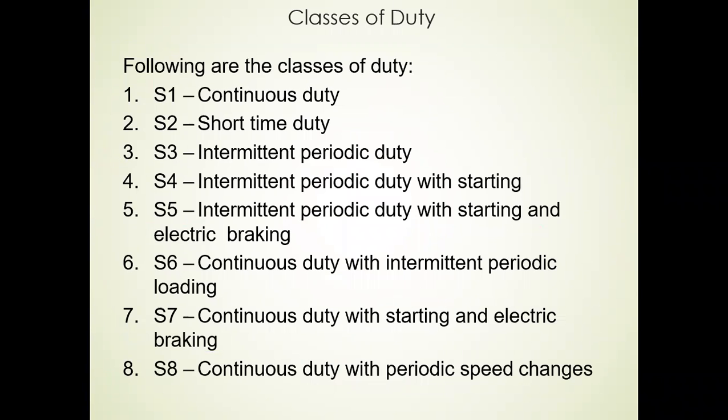The limits of temperature rise have reference to the standard duty specified for the machine. That is, thermal rating classes of industrial rotating machines and standard symbols for operating duty are very essential for all rotating machines.